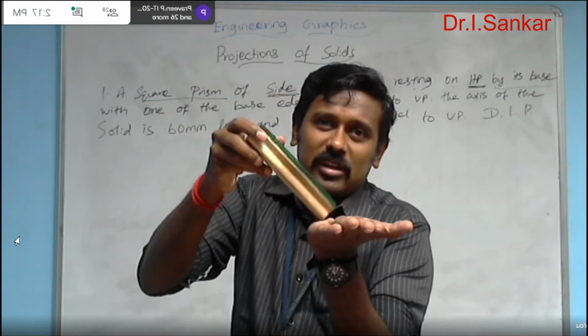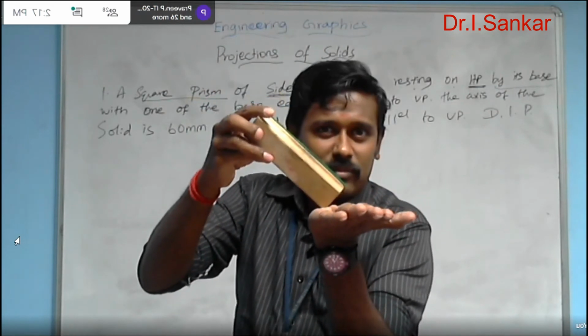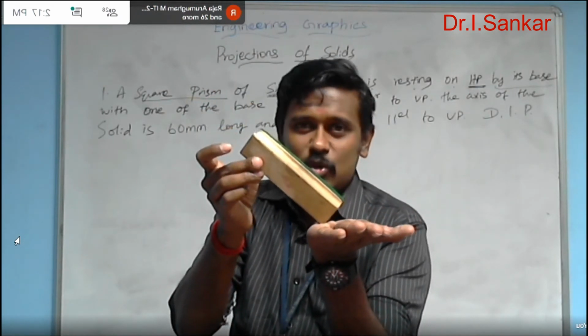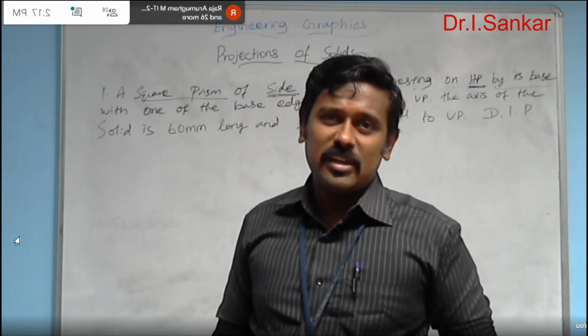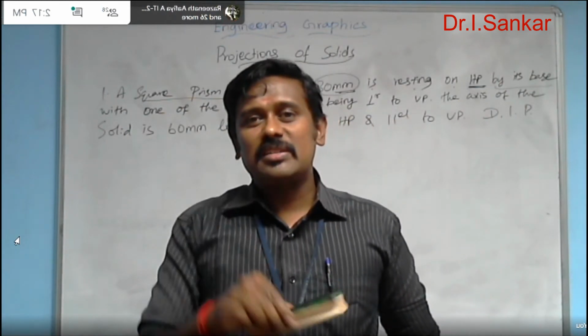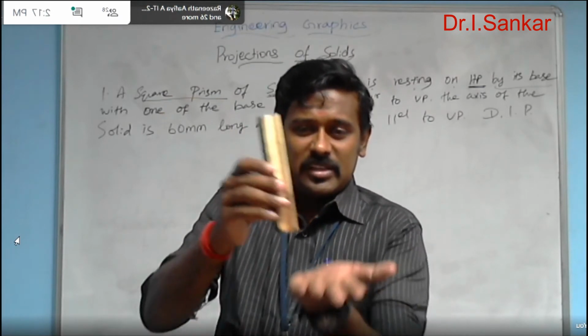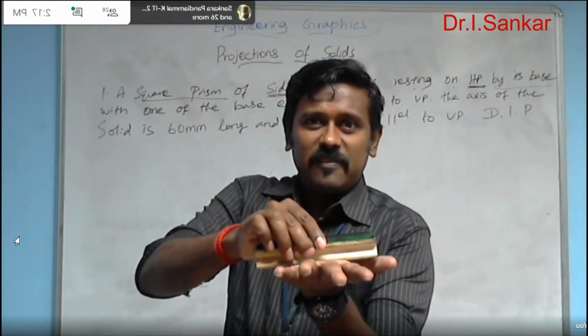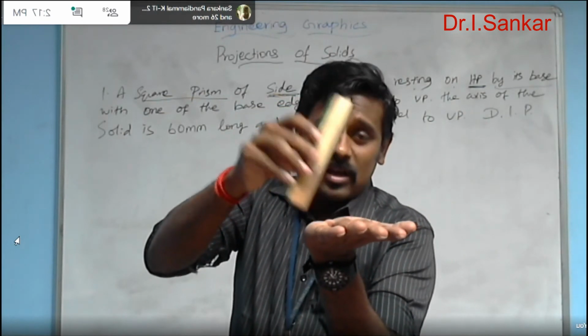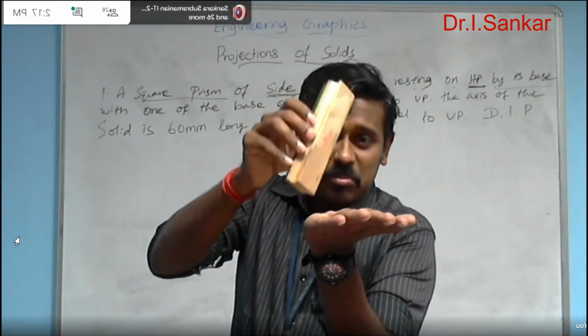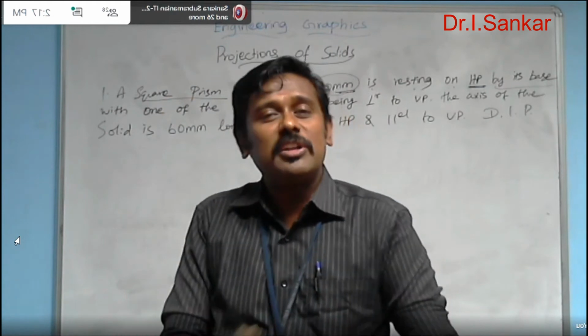Or you can make it rest on the HP with a corner alone. So there are multiple possibilities for a solid to rest on the horizontal plane: by its base, by a side face, by a side edge, by a base edge, or by a base corner.